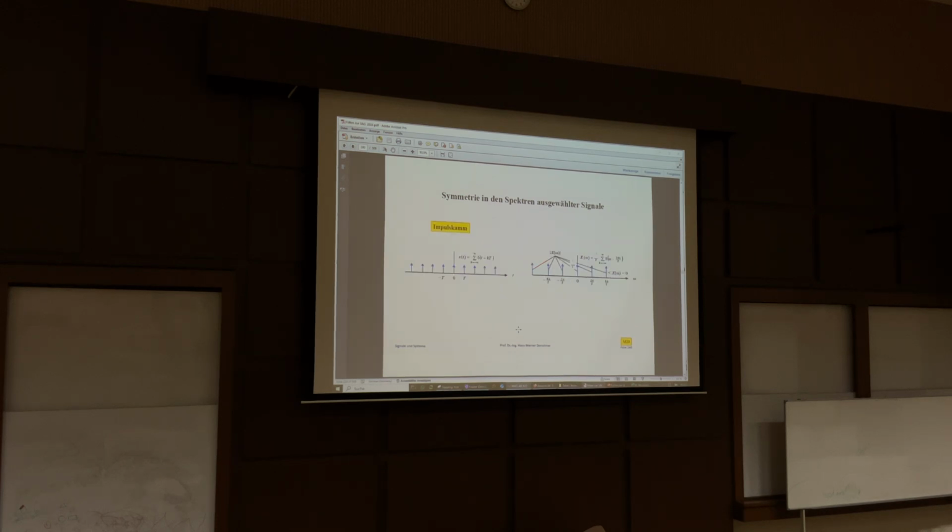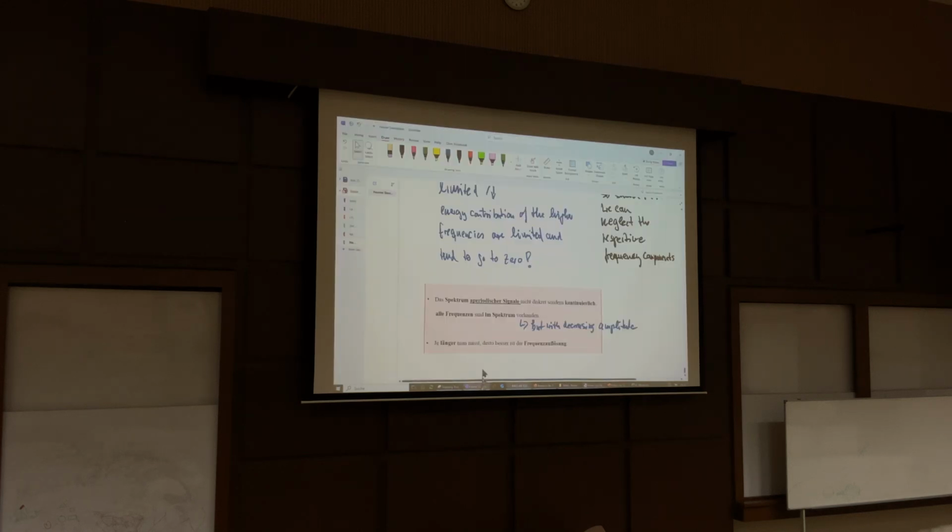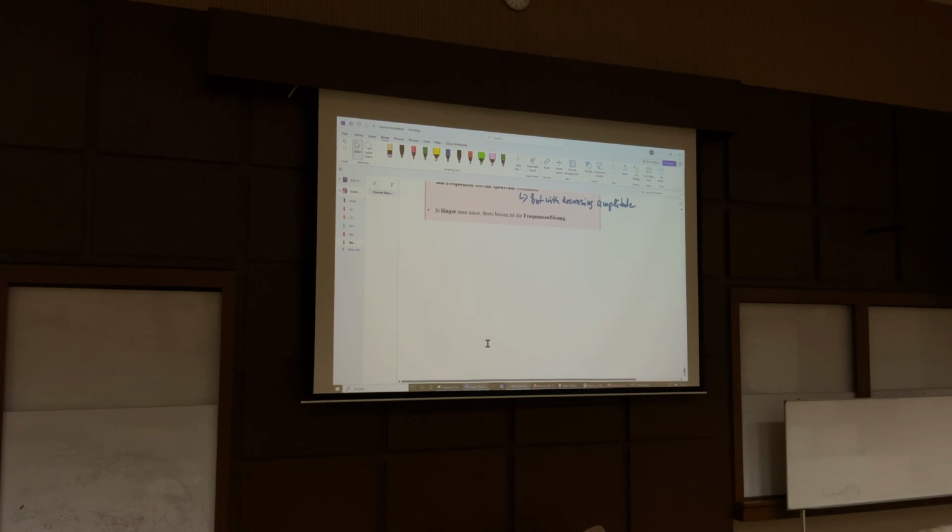There's another issue. I do not derive that. It's easy to derive, but if you look at this here, we call this a frequency comb or a time comb. Yeah?